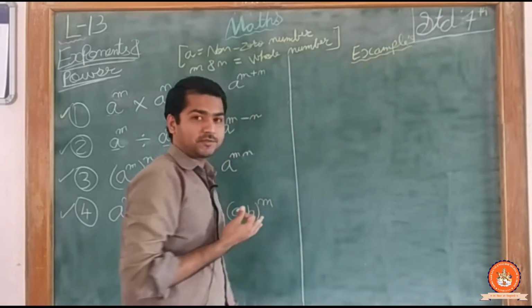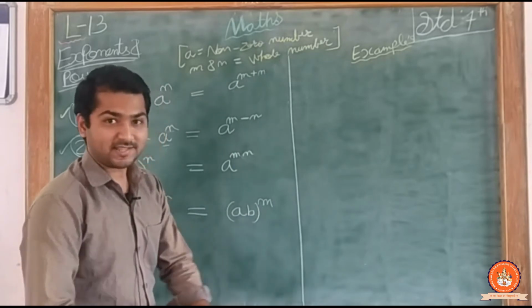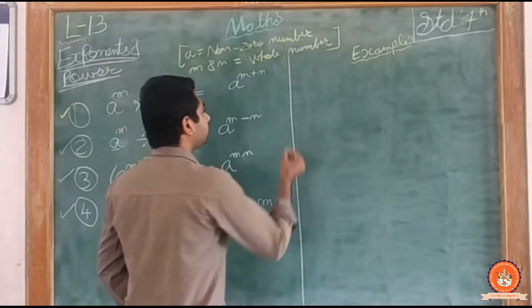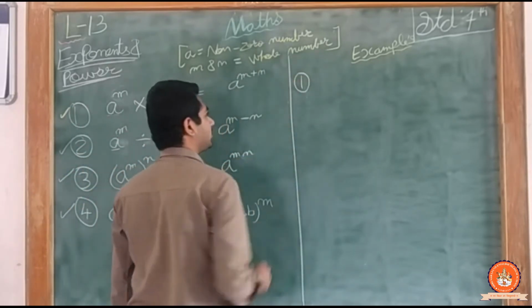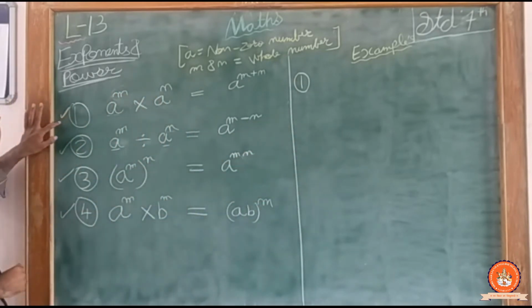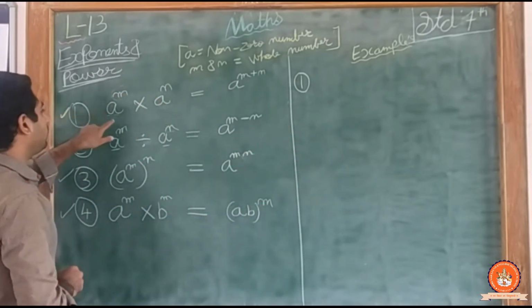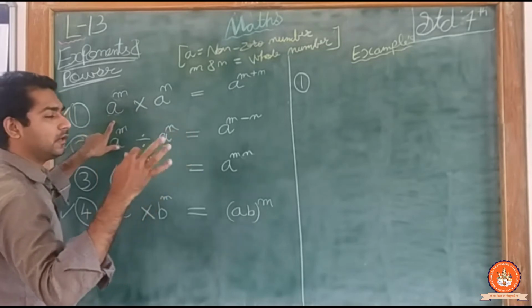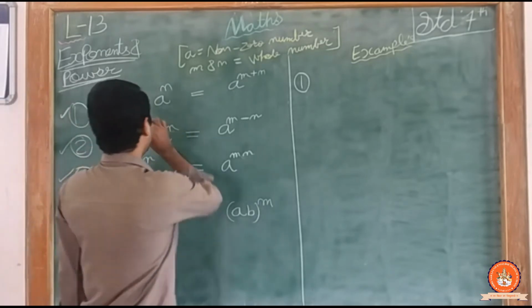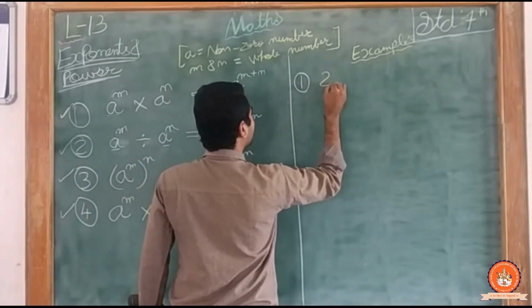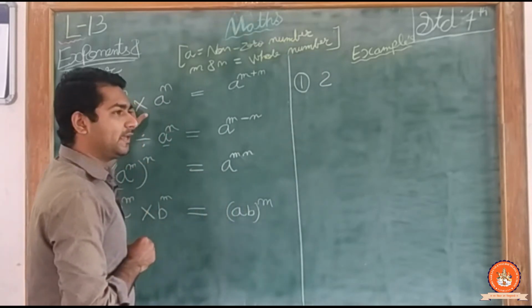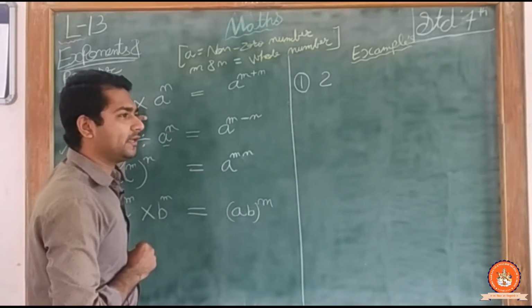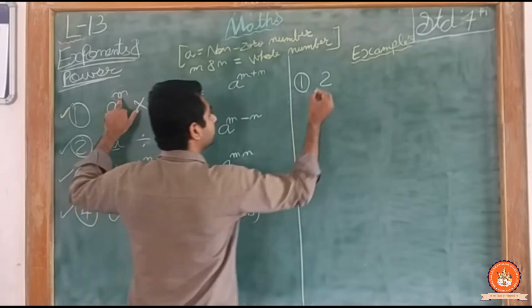You have to write in your textbook also before starting this exercise. So, first question for the first formula. I will take any number, that will be 2. A is my 2, and m will be any number, I am taking 3.